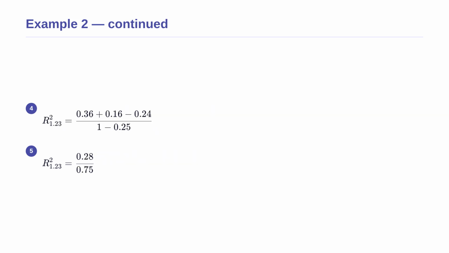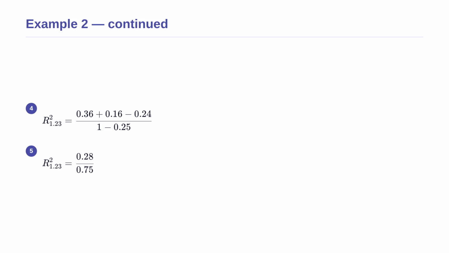Continuing our calculation, we first square the simple correlations. Squaring 0.6 gives 0.36, and squaring 0.4 gives 0.16. In the subtraction term, multiplying 2 by 0.6, then by 0.4, and then by 0.5 gives us 0.24. In the denominator, squaring 0.5 gives 0.25.